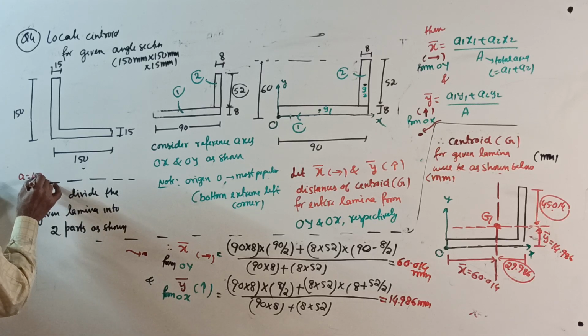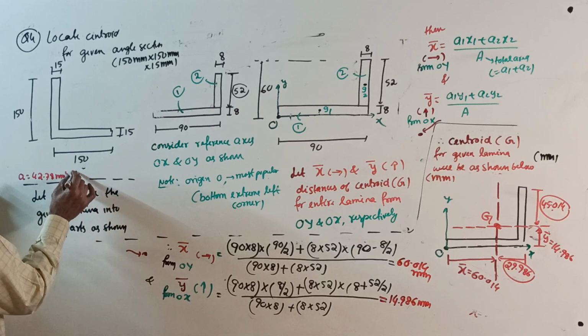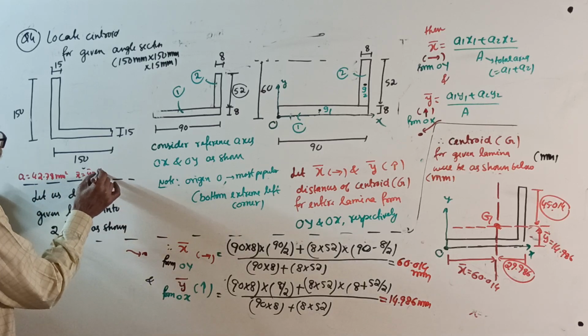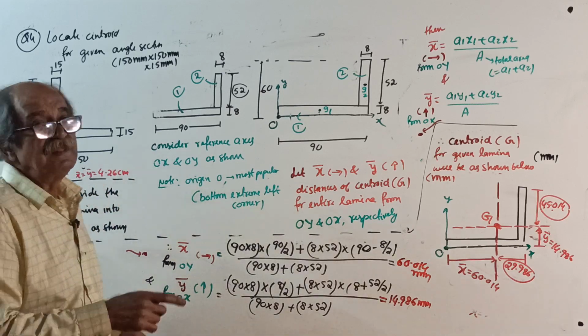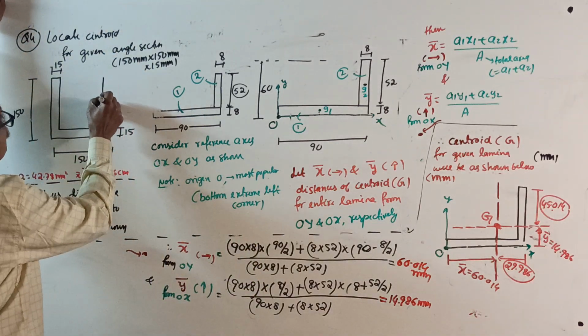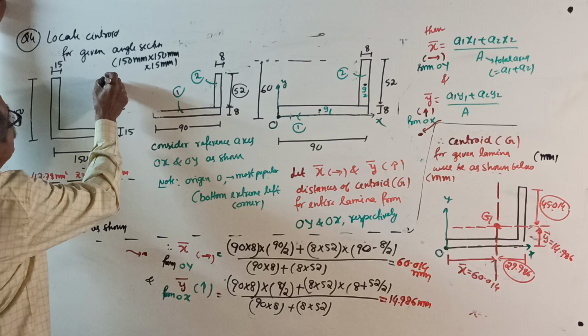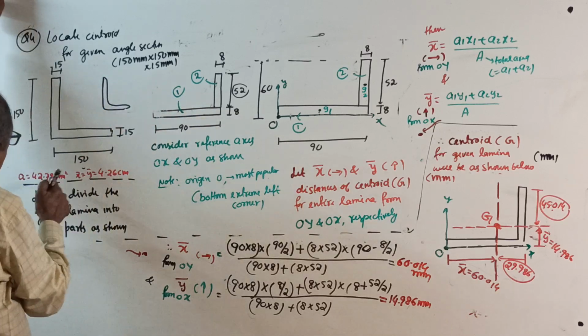I know that as per the steel table, its area is equal to 42.78 centimeter square. And its X bar and Y bar are equal to 4.26 centimeter. But remember that values are given considering the angle like this. See, some curvature is there here, and here some turning.